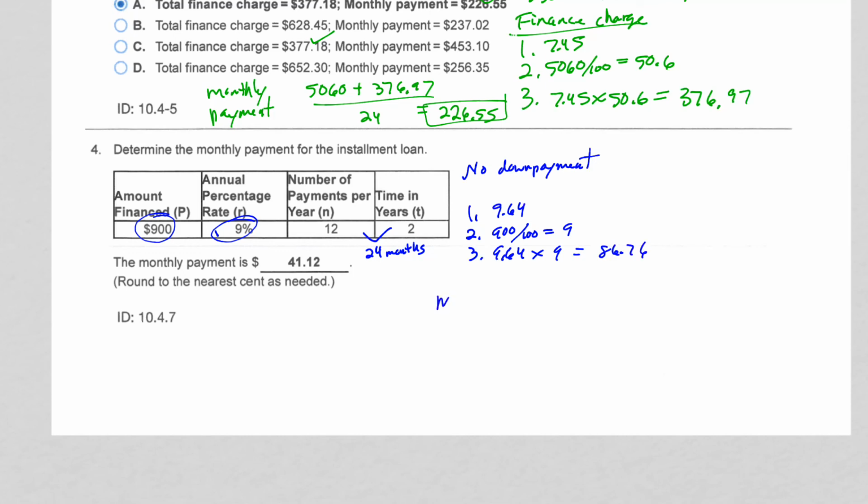And so then our monthly payment is $900 plus our finance charge, our interest, divided by 24 months. And that's going to be $41.12.